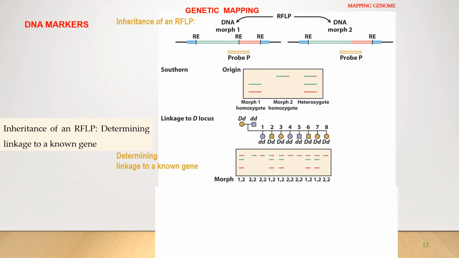Next, we need to determine the linkage between the RFLP marker and gene D, which is supposed to be responsible for a particular disease trait. A pedigree for the family is constructed and analyzed. Here, the individuals that are shaded in brown are affected individuals and the ones in purple are unaffected.